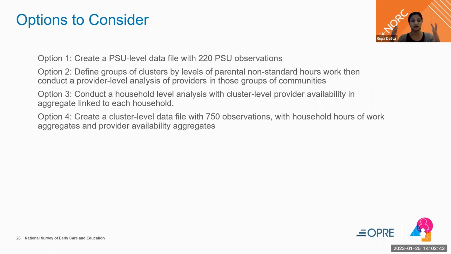And they really all vary on two dimensions. One is, which measures am I aggregating? Am I aggregating on the provider side, on the household side, or both? And then the other question is, what is the unit of geography I'm using for the aggregation? And so here we have 4 different options.